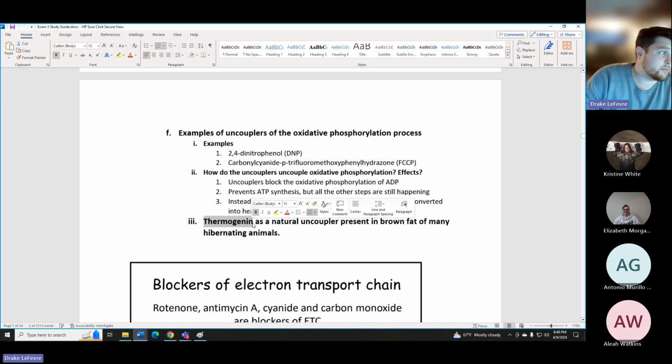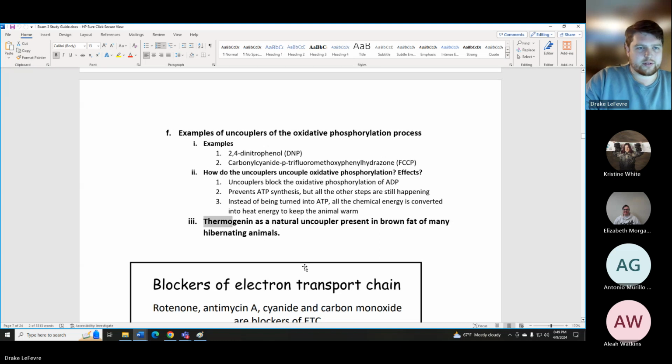So there's one reason. Look at the word thermo. When we think thermo, what do we think of? Heat production, right? Genin is a lot like Genesis. What does Genesis mean? Beginning or creation. So creation of heat, creation of temperature.